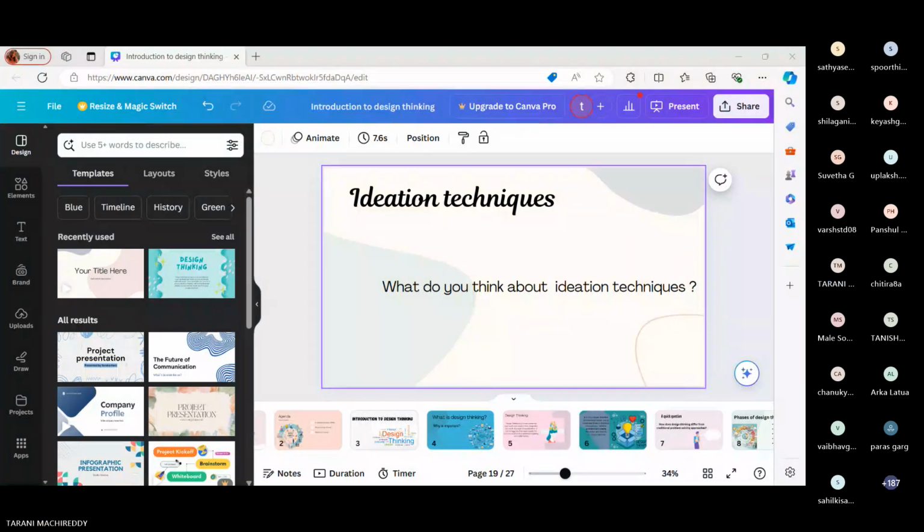Yeah, brainstorming, mind mapping, SCAMPER. Those are some ideation techniques we have.